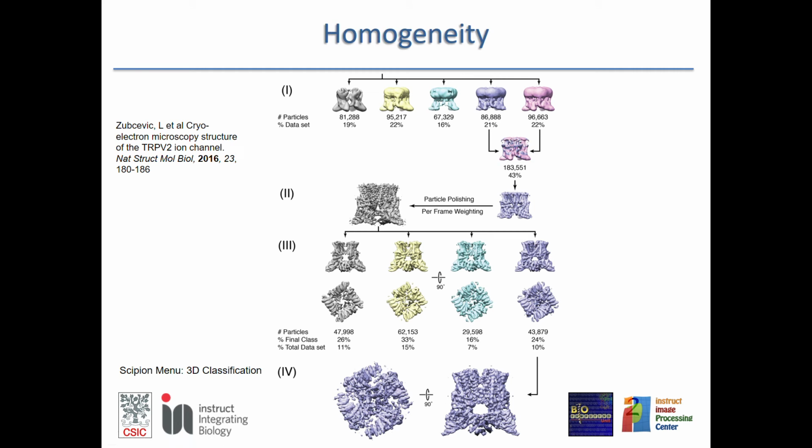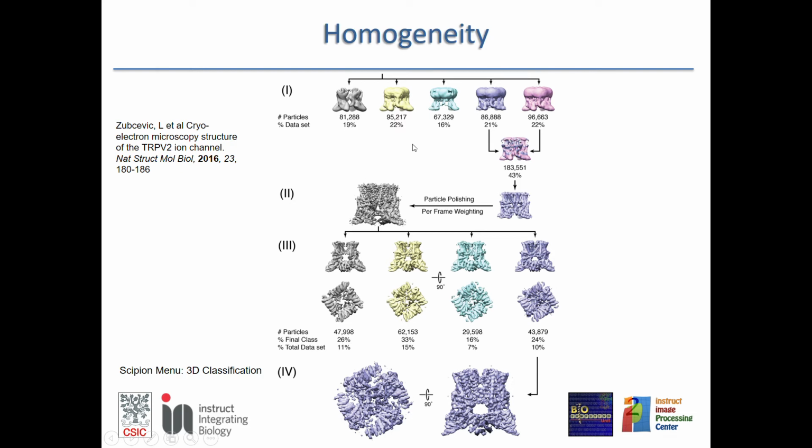Something else is homogeneity. All these tools are designed to work with a single homogeneous population of particles. But very often we have a mixture of particles in different conformations, or even broken particles, or contaminations, or incorrectly chosen particles, or whatever flavor of incorrections that we might find.